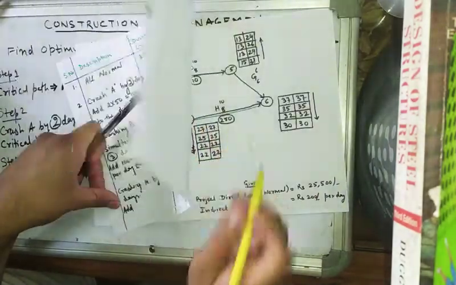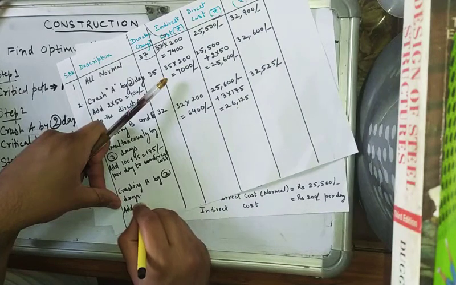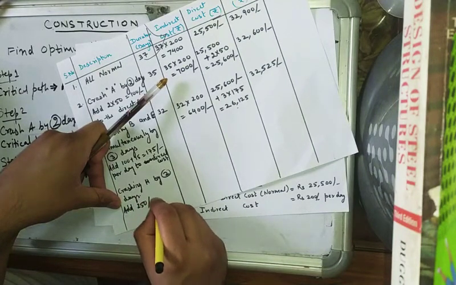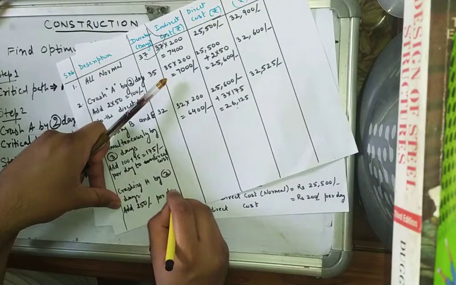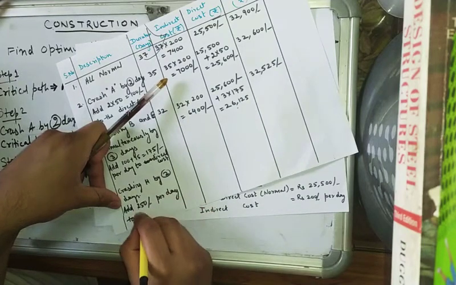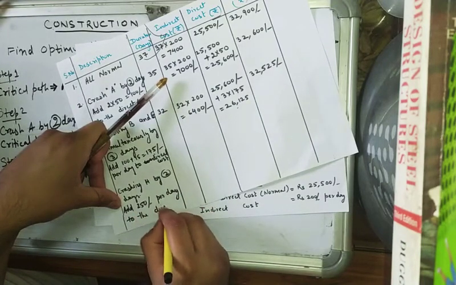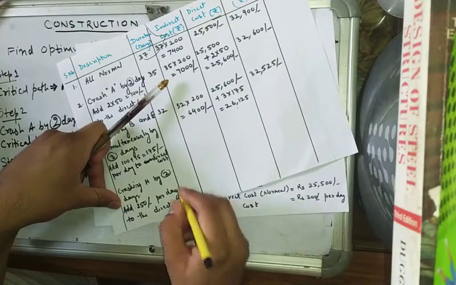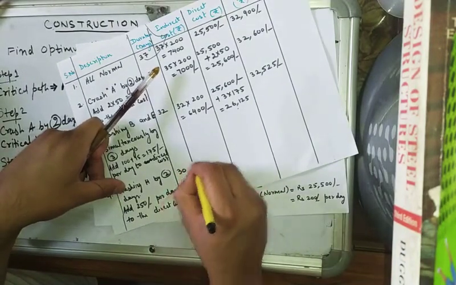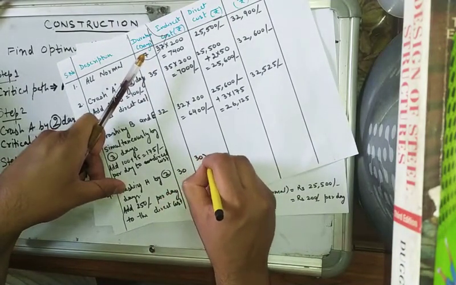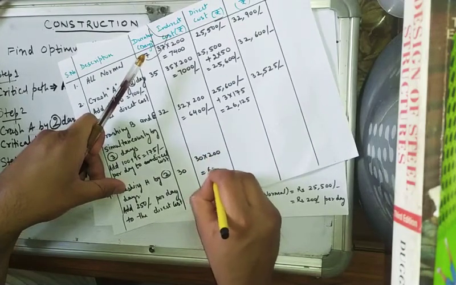The cost slope is 250 per day to the direct cost. So indirect cost will be 30 into 200, 6,000.